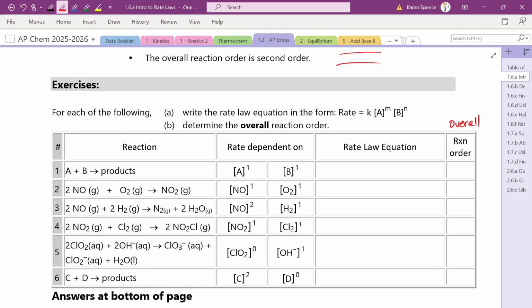You can check your answers at the bottom of the page if you like. Make sure I haven't made any mistakes.